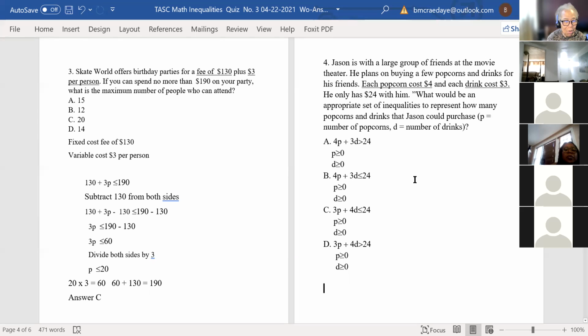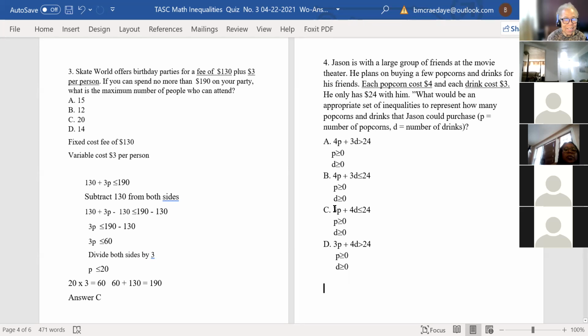Does everybody know why Vanessa said that? Why did she say it can't be C or D? Maureen, why? Because it is 4 popcorns instead of 3 popcorns.